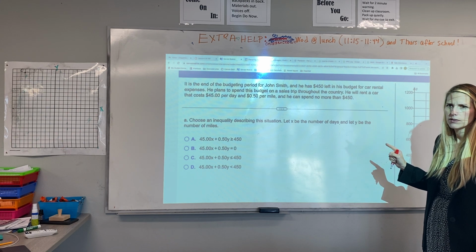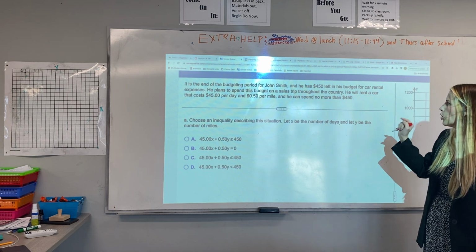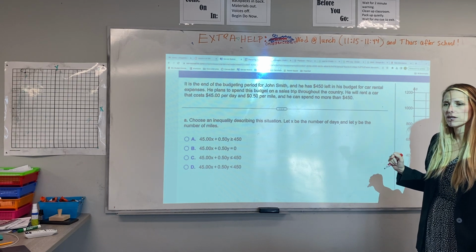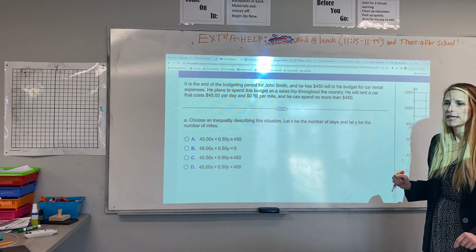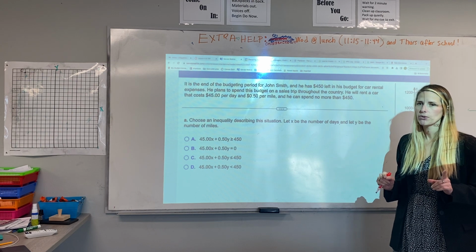Our variable is how many miles. That's right. And he can spend no more than $450. So is he allowed to spend $450 exactly? Yes. So what does it have to include?